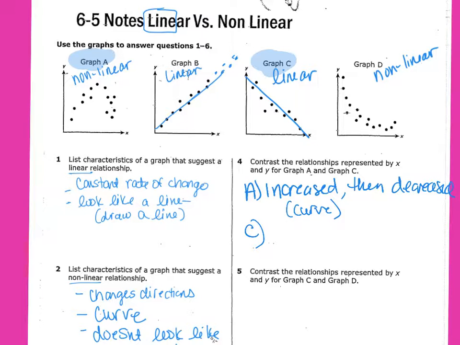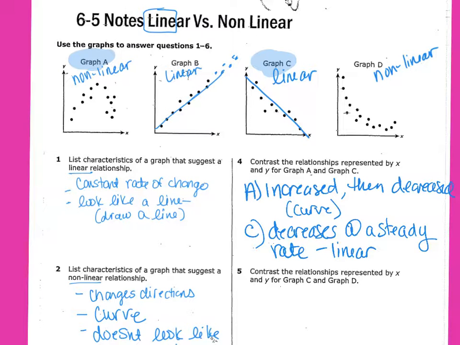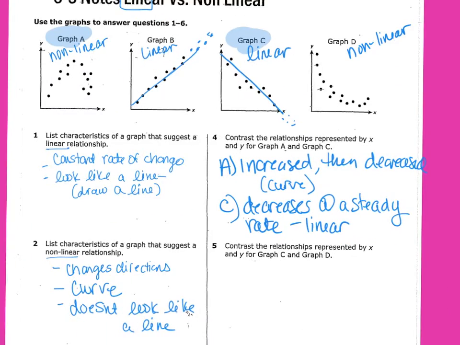And then C, as opposed to graph A, decreases at a steady rate. Ooh, I misspelled steady. Hello. At a steady rate. And it's linear. So if you can predict the points that are going to come next, you would say that they would be somewhere down here. You can kind of see what's going to happen.